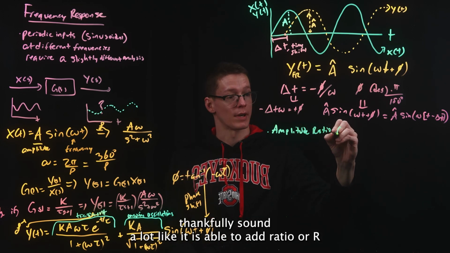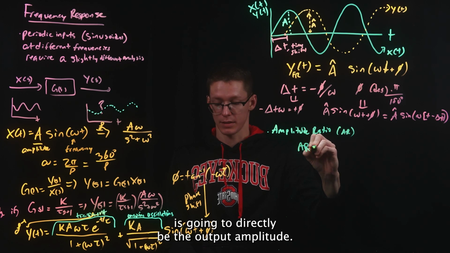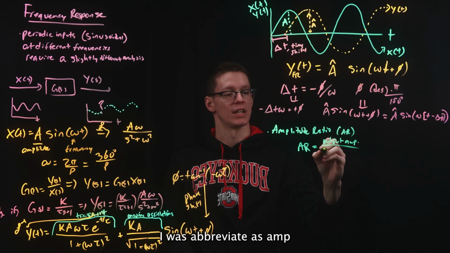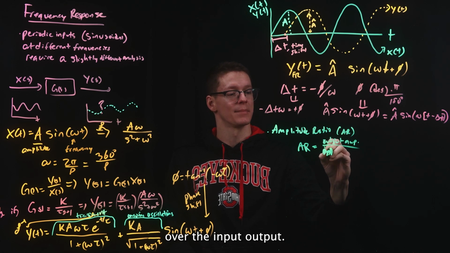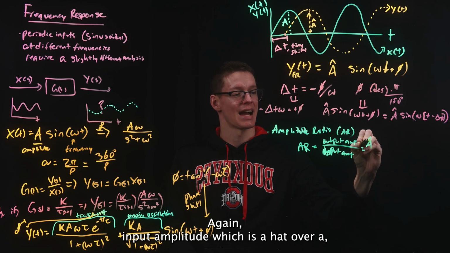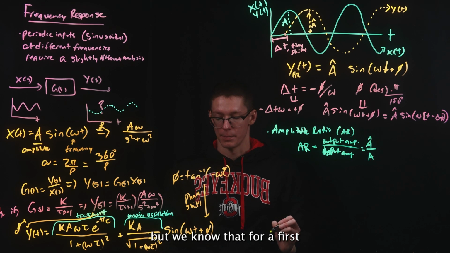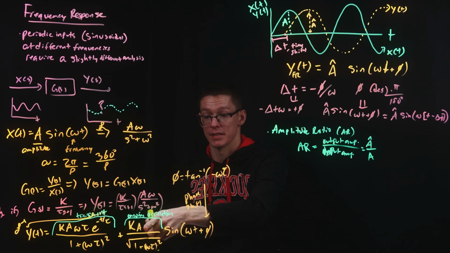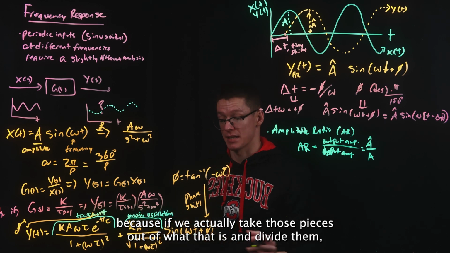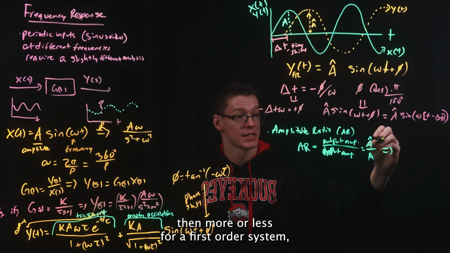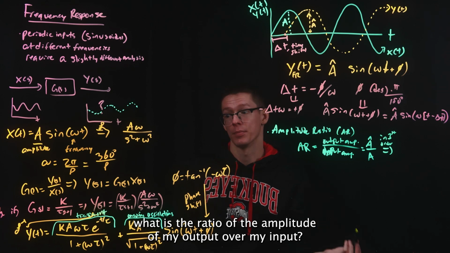The amplitude ratio, or AR, is directly the output amplitude, which I'll abbreviate as amp, over the input amplitude, which is A hat over A. But we know that for a first order system, we can actually see what that amplitude is, because if we take those pieces and divide them, what is the ratio of the amplitudes of my output over my input?